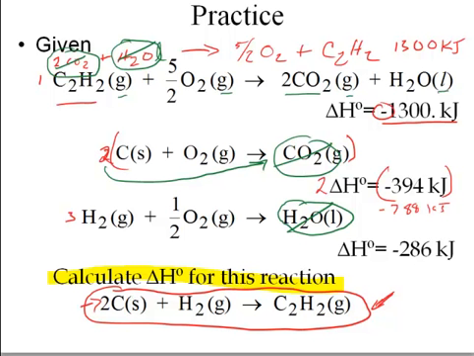Now, look at this reaction. Do you see any oxygen in there at all? Well, the oxygens are going to have to cancel out. Let's see what we have. We have 5/2 O2. Now, I'm not a fan of halves, but we use them. Look at what's on this side: 1/2 O2.